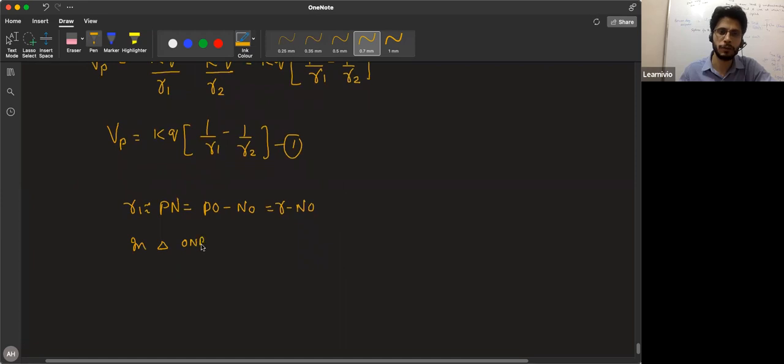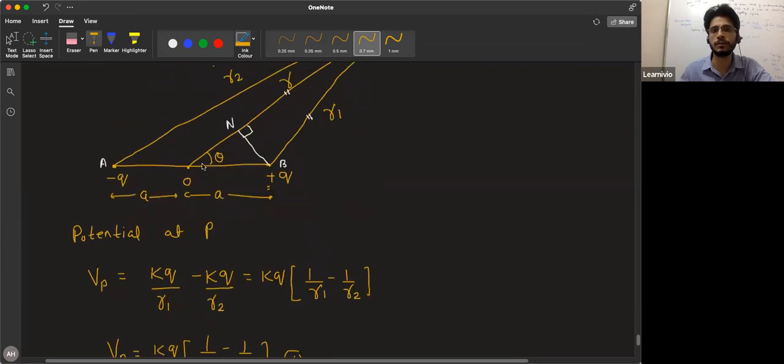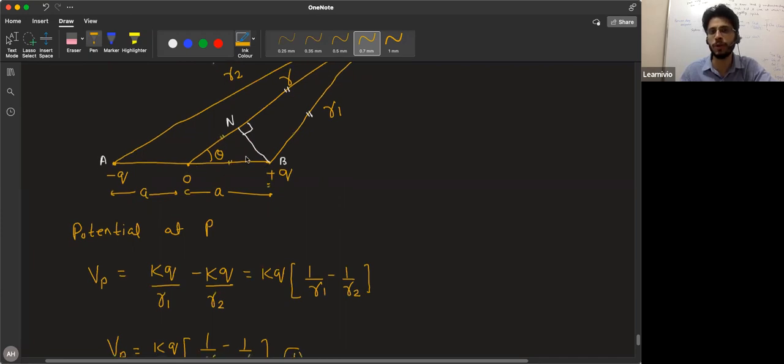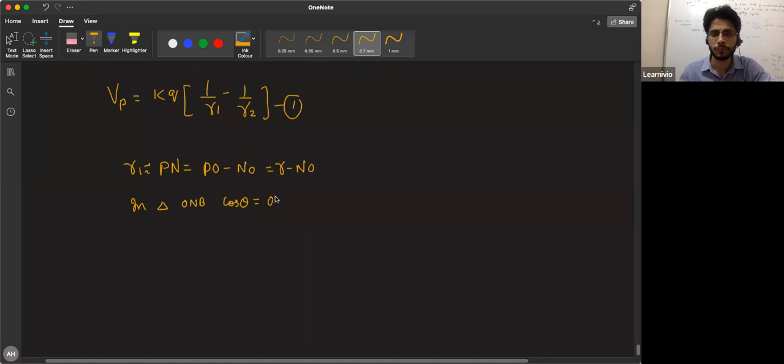In triangle ONB, cos theta is base upon hypotenuse. So this is base and this is hypotenuse. So this is NO by OB. So your cos theta is NO divided by OB.